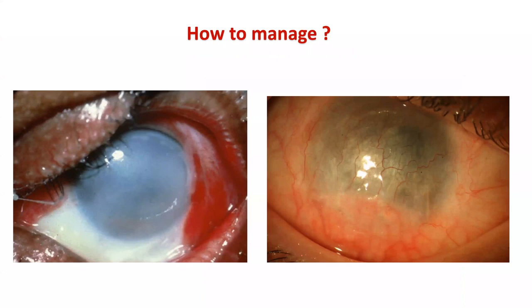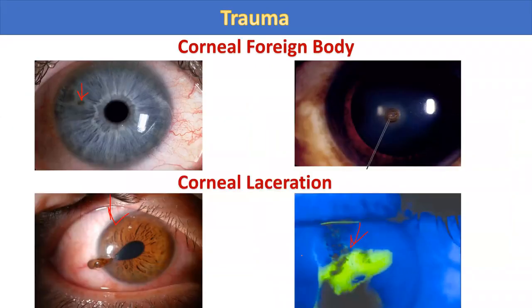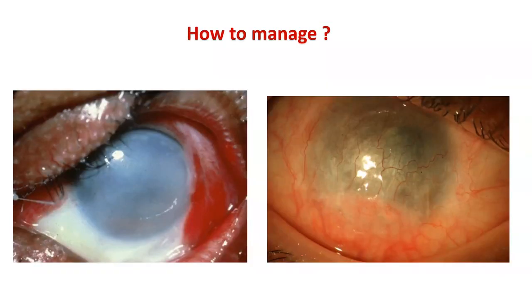I just put this slide a little bit later, but we will continue our discussion in patients with chemical burn. So how to manage the patients with chemical burn? This will depend on what is the stage of this patient, and what is the state of the cornea, and what is the state of the conjunctiva.